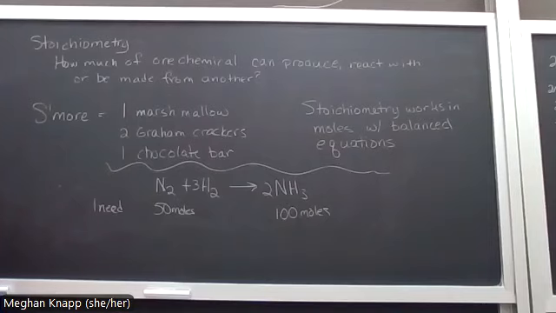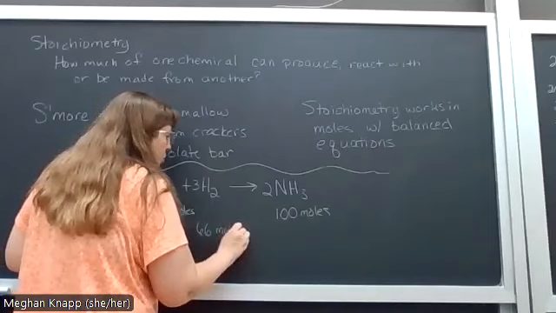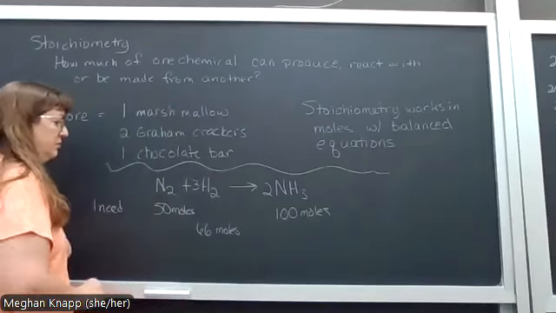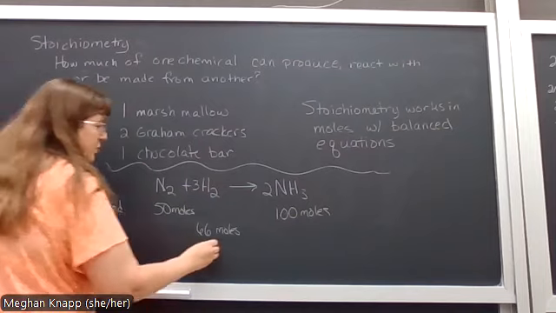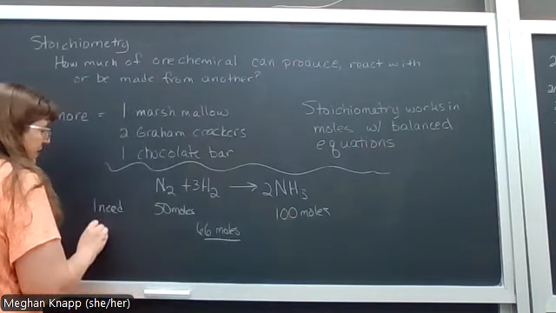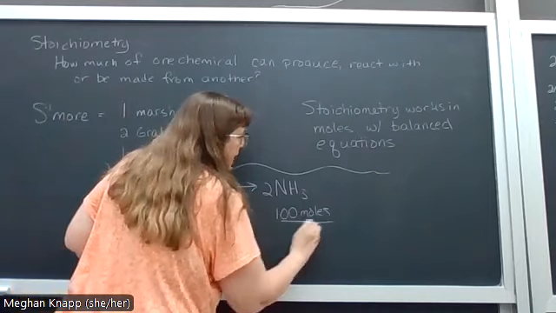Or I might say, I have 66 moles of hydrogen, and I want to know from that 66, how many moles of nitrogen I'm going to need to react with it completely, so I have enough nitrogen to get a good reaction. This one's what I have.